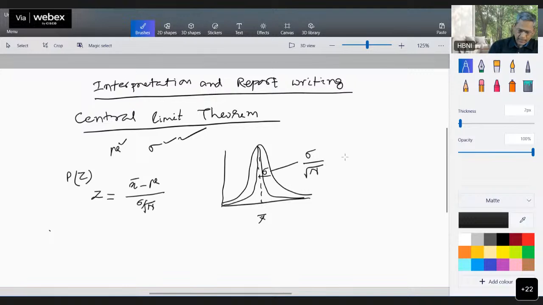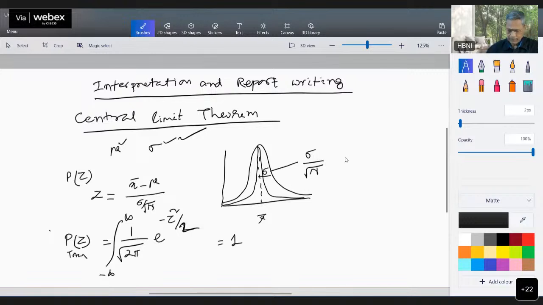Once you do that, you can write the probability distribution P(z) as 1 by root 2 pi times e to the power minus z square by 2. This function is normalized. That means if you integrate from minus infinity to plus infinity, the total probability will be 1.